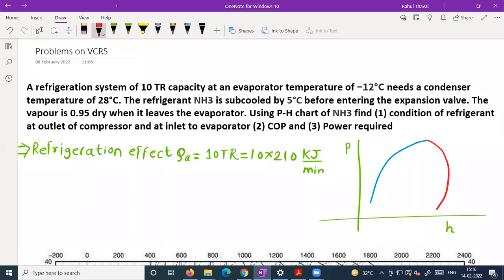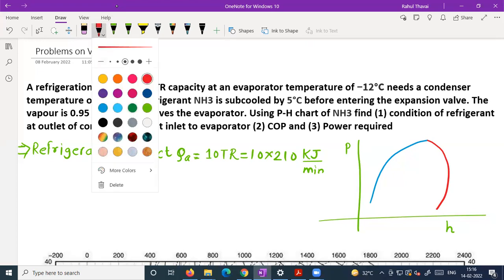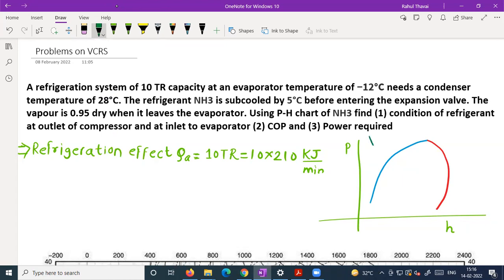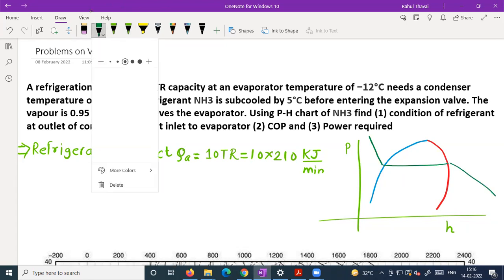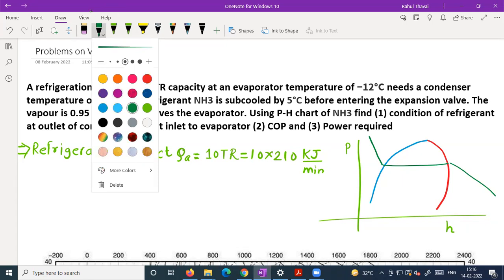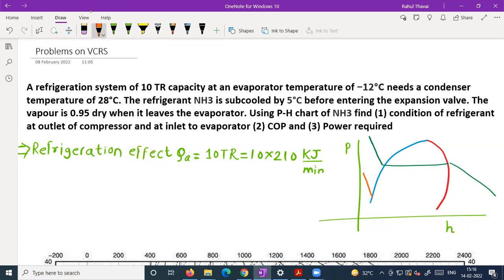Because on a pH diagram, you will get some lines like this, along which the temperature is constant. Similarly, you can get some line like this where temperature is constant.